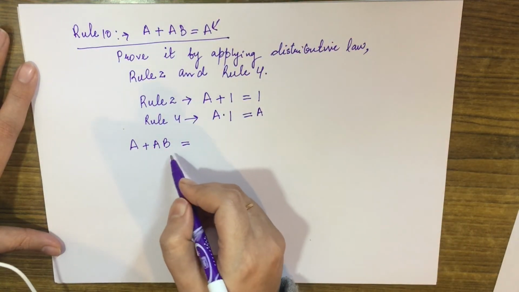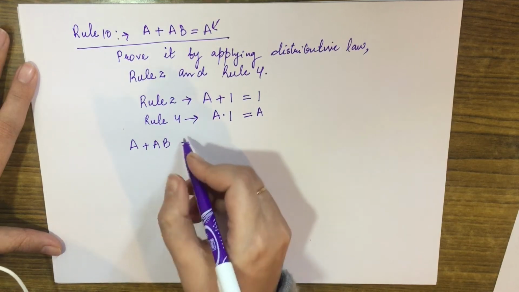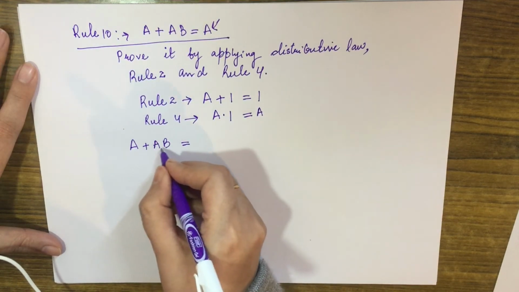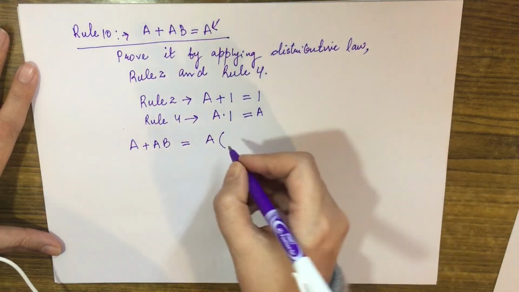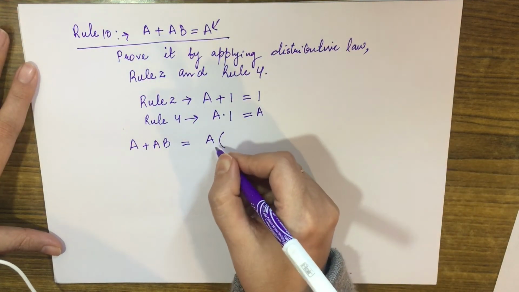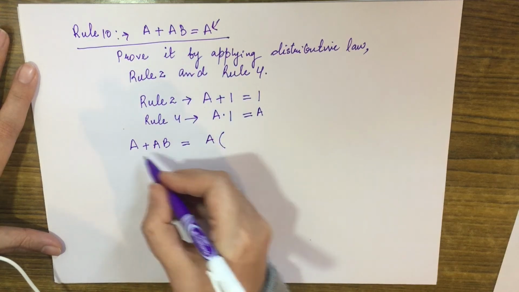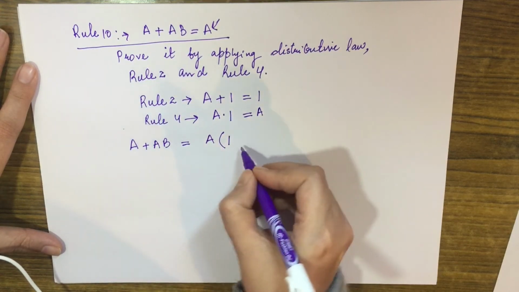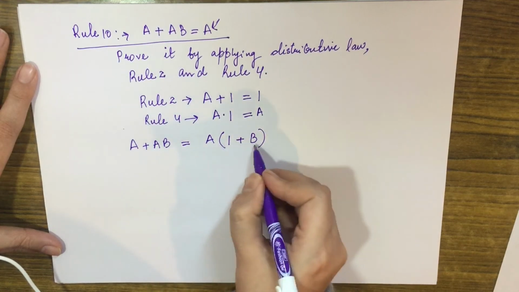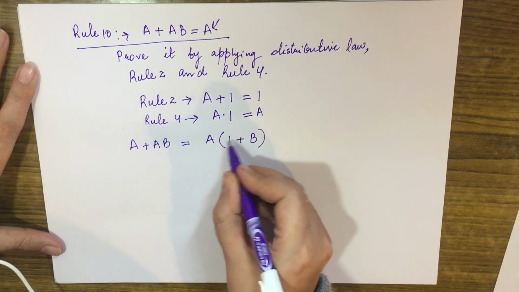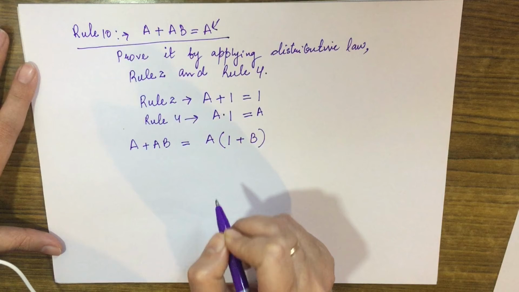Now if you apply factoring, we will take this a as common according to the distributive law. So here we will have a times 1 plus b. If you multiply it again, it will be a plus ab. Fine.